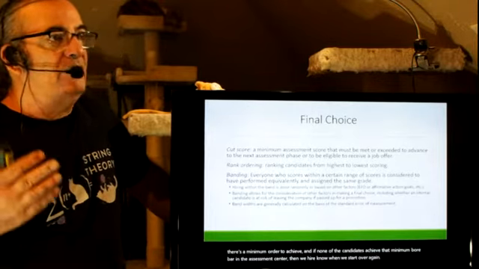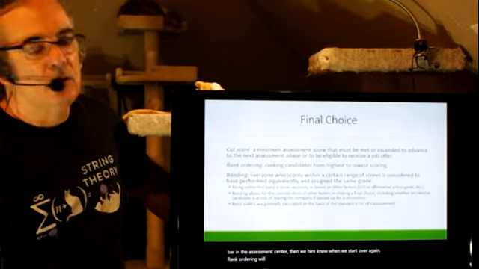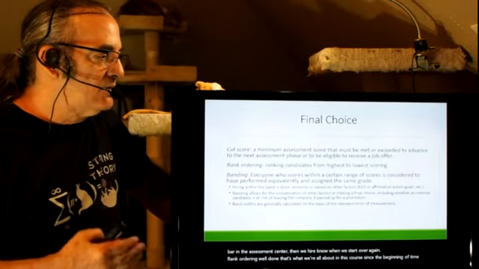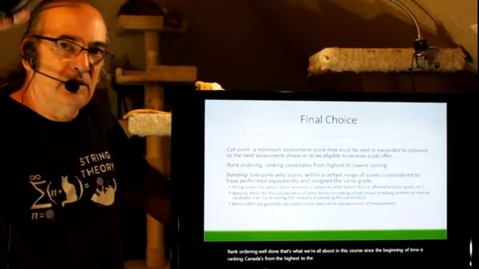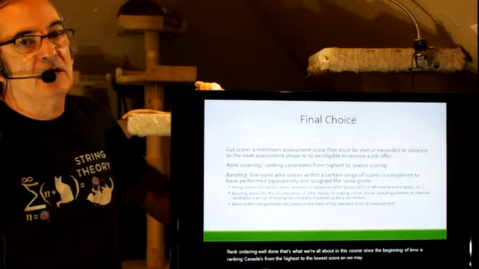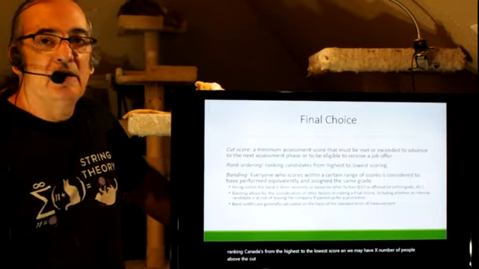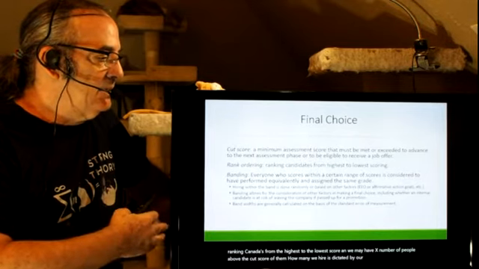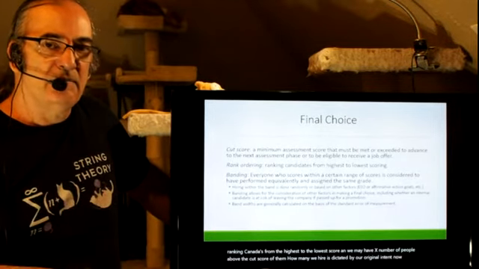Rank ordering, well, that's what we've been about in this course since the beginning of time, ranking candidates from the highest to the lowest score. And we may have X number of people above the cut score, then how many we hire is dictated by our original intent. Now, banding, and notice we can apply banding.